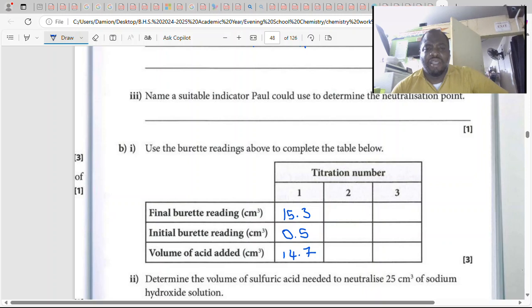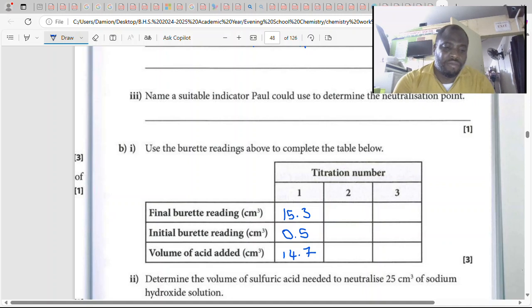And of course, we repeat a titration to try and obtain a more accurate result. And by right, we should have results that are at a 0.1 difference. So we should actually do our titration until we get a 0.1 difference.